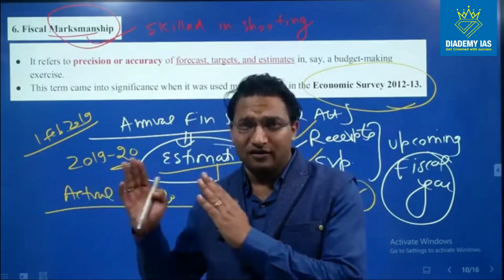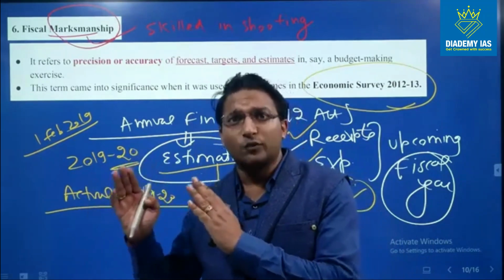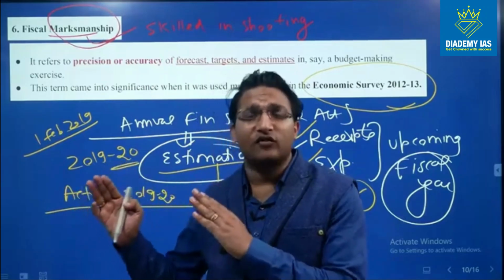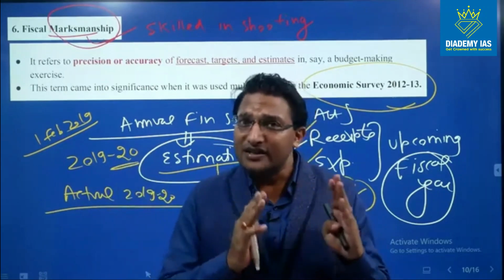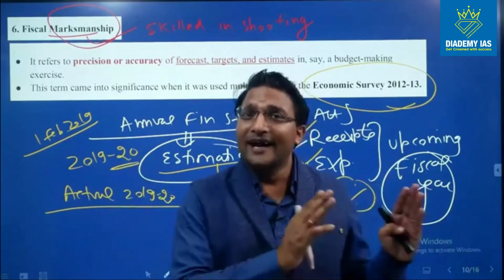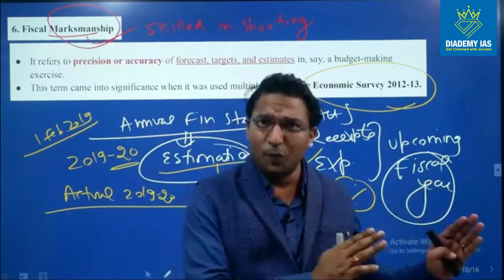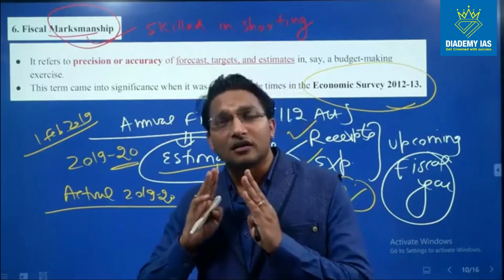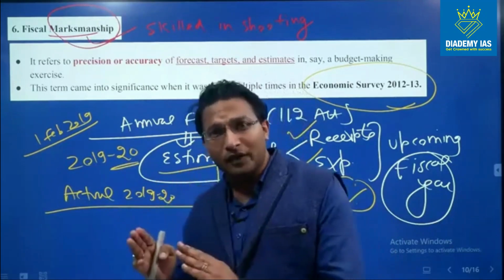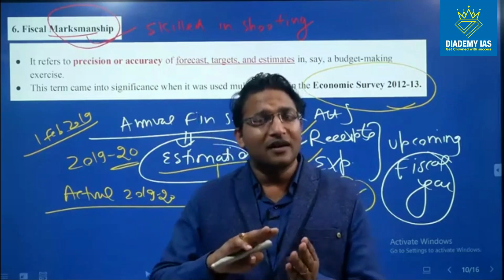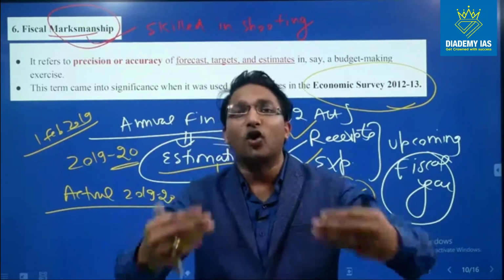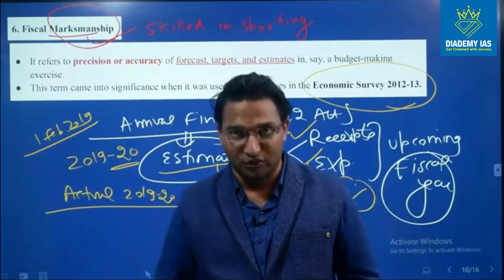Because the FRBM Act, the Fiscal Responsibility and Budget Management Act of 2003, laid down the target for the Indian government that fiscal deficit should come to 3% and revenue deficit should become 0% by 2008-9. But because of the recession in the US economy, which ultimately resulted in the global recession, the Indian government had to spend a lot of money in the form of fiscal stimulus.